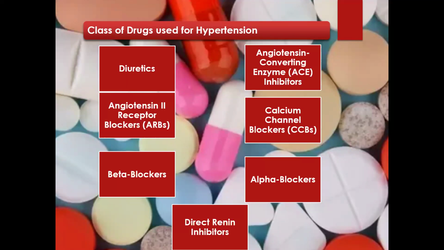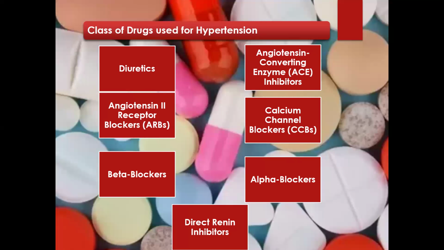Another group of antihypertensives is angiotensin-converting enzyme inhibitors. This group of drugs inhibits or blocks the action of the enzyme called the angiotensin-converting enzyme, which is involved in production of the hormone called angiotensin II.